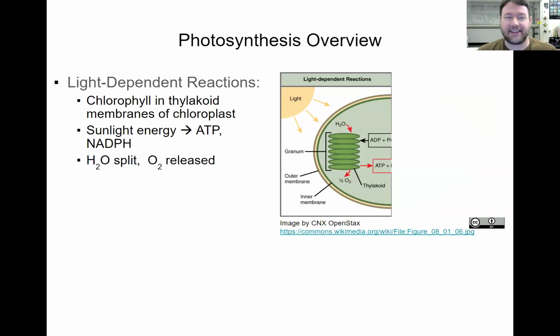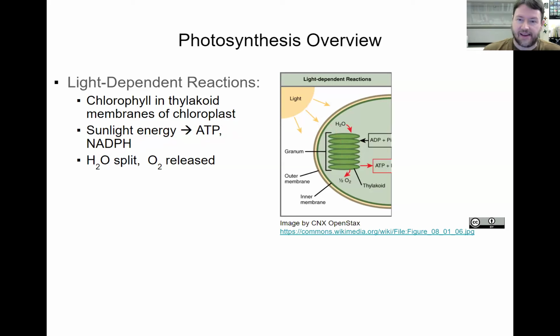All right. So these light-dependent reactions, here we're looking at the thylakoids, the thylakoid membranes of the chloroplast, where all the chlorophyll is, right? The chlorophyll can absorb the sunlight energy, and it sends some of its electrons through an electron transport system. The net result of that is the formation of ATP. And then those electrons are also picked up by this other electron carrier called NADPH, or actually, I guess NADP plus is the empty version of this electron shuttle.